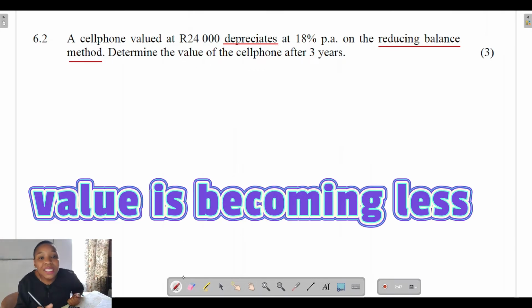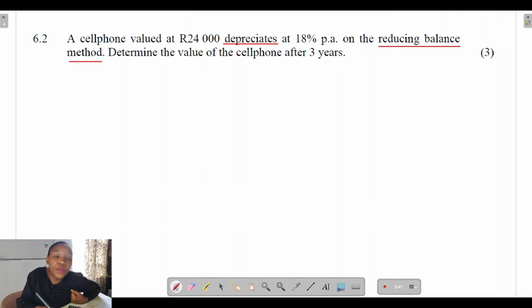So what is the reducing balance method that we know of? The reducing balance method, guys, is A equals P(1 minus i)^n. That is the reducing balance formula that we use. Because it depreciates, you need to be aware that there needs to be a negative there, because it's depreciating in value.